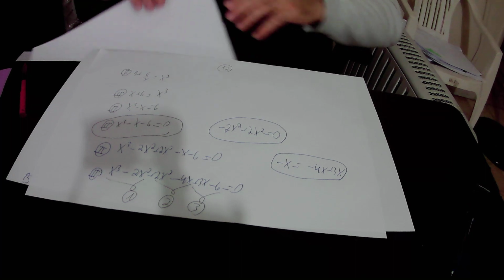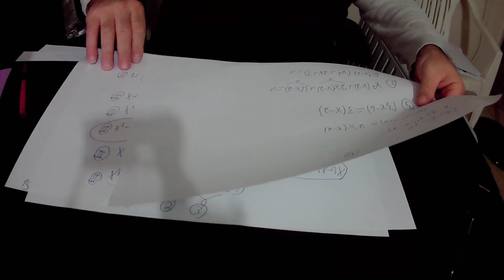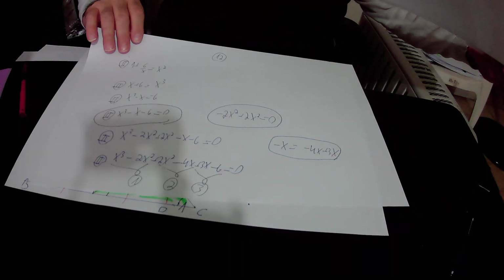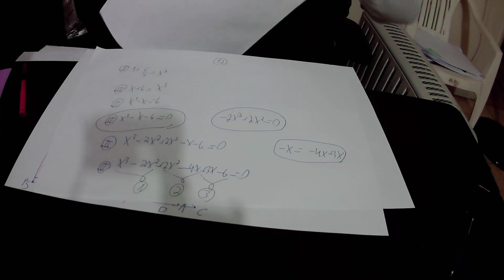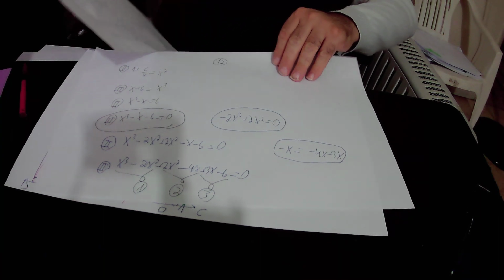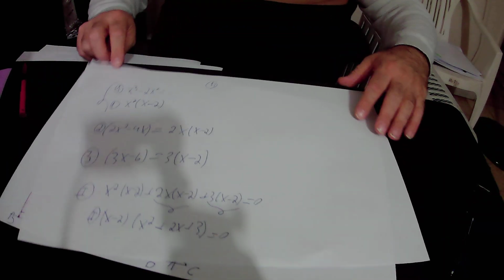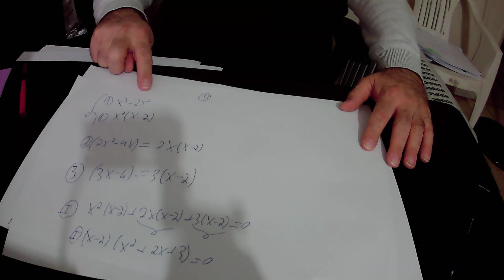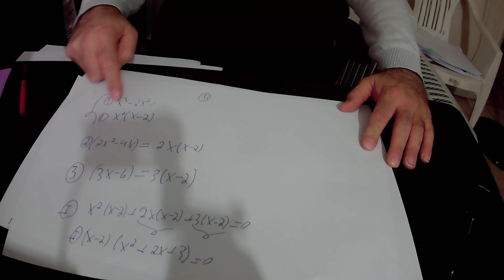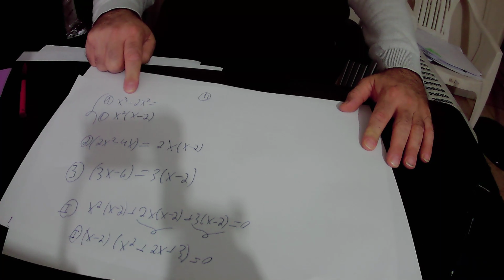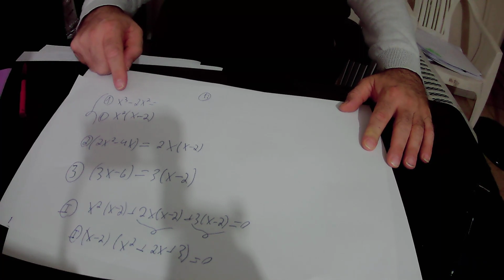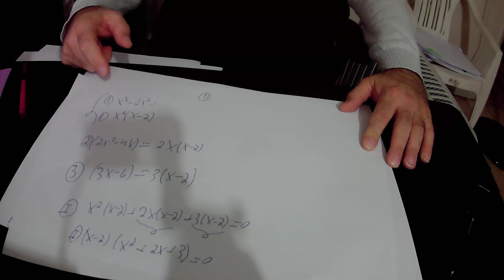The first part is x cubed minus 2x squared, and we took a common factor of x squared from this expression. And what is inside the brackets? Inside the brackets we have x minus 2.